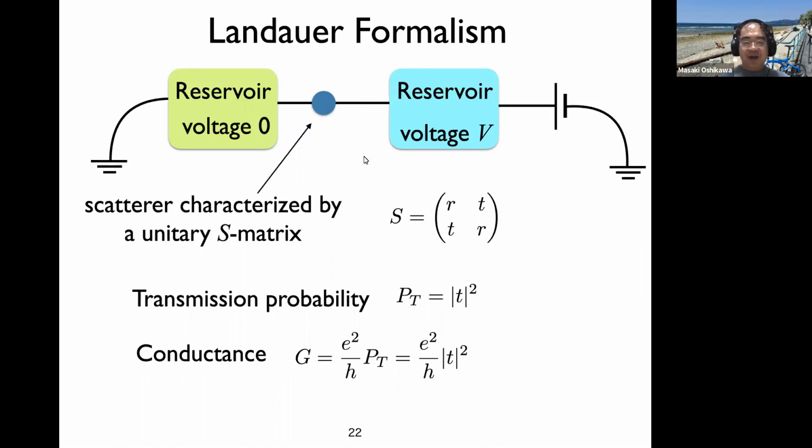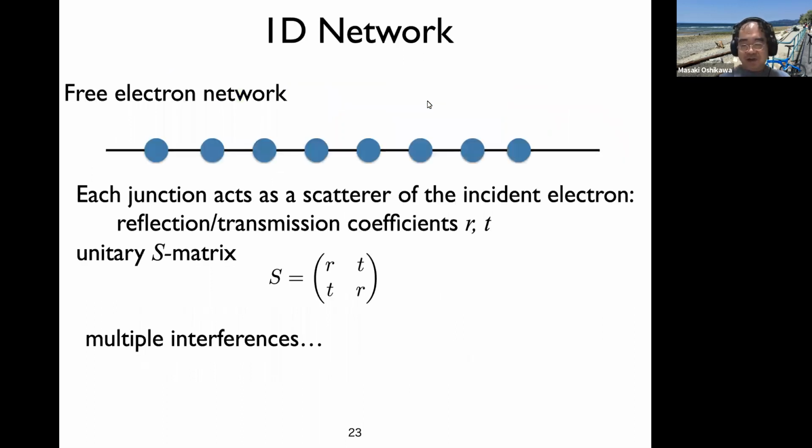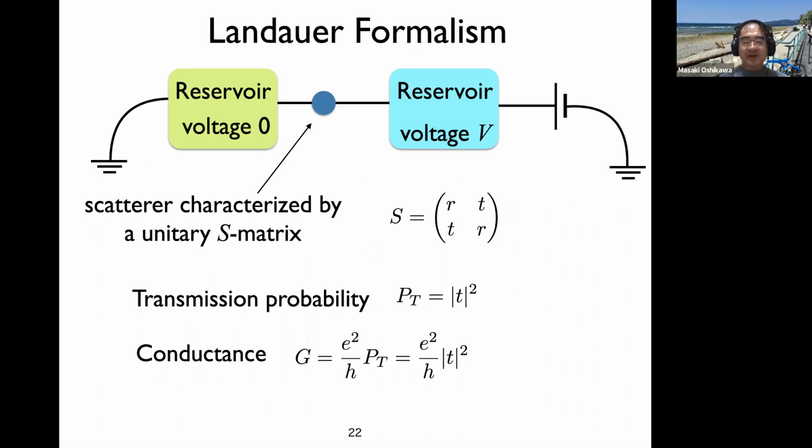So it looks like a paradox, but the answer is that in this formalism, the electron enters this one-dimensional channel with some finite energy due to the reservoir voltage, and then transmits to the other reservoir. So the electron is carrying the energy. The hidden assumption is that this reservoir is thermalizing, so the electron entering the reservoir is losing energy.